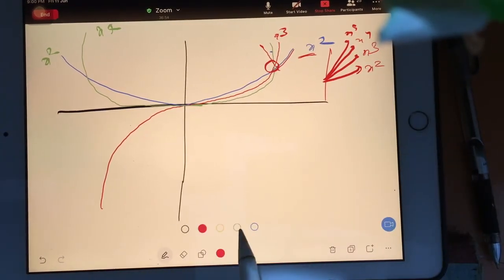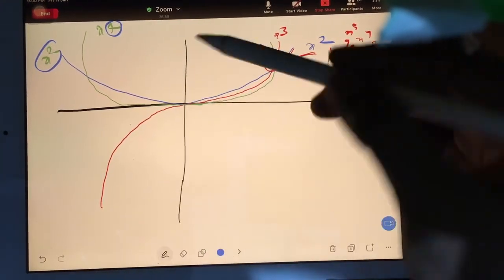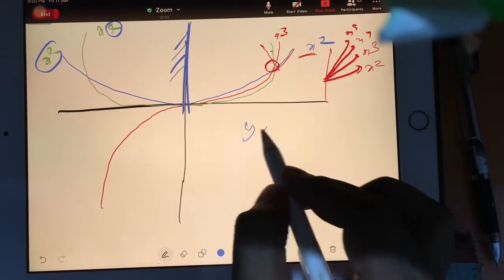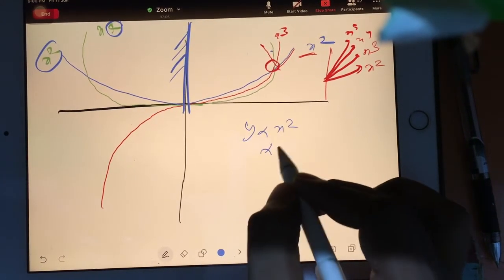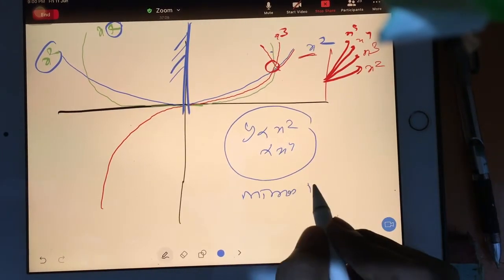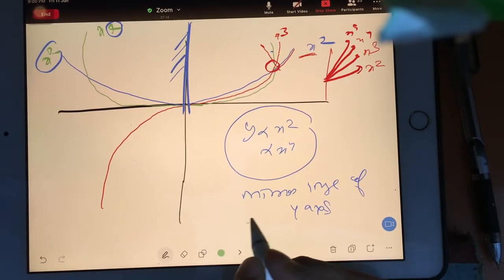I just mean to say that the x power 4 people, you take mirror image. So y proportional x square proportional x power 4, this kind of curve, you just write here mirror image of y axis. They are known as even function.